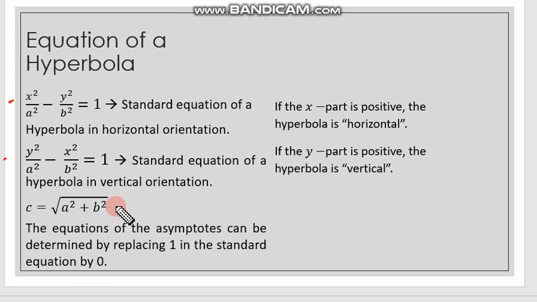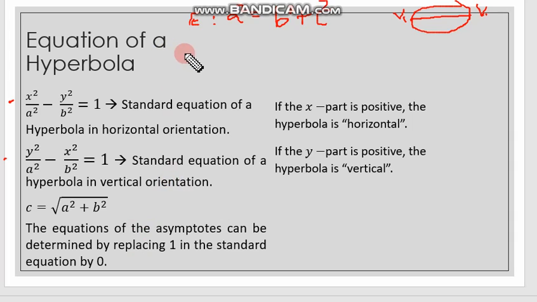Take note, in the ellipse, the formula is a squared is equal to b squared plus c squared, because in this ellipse, if this is a horizontal ellipse, the longest segment is the vertices.